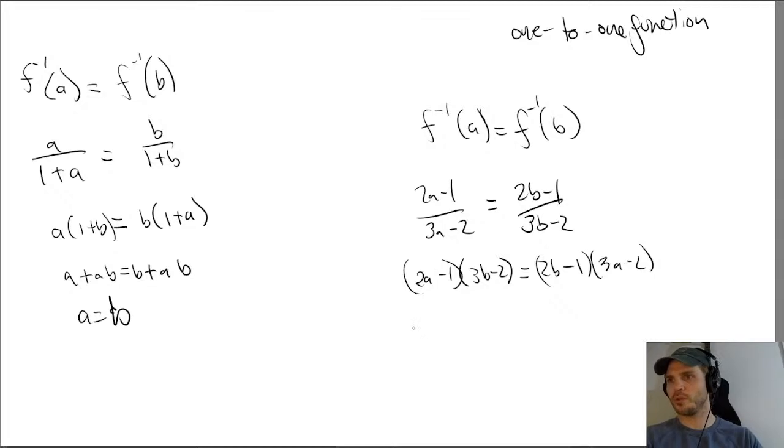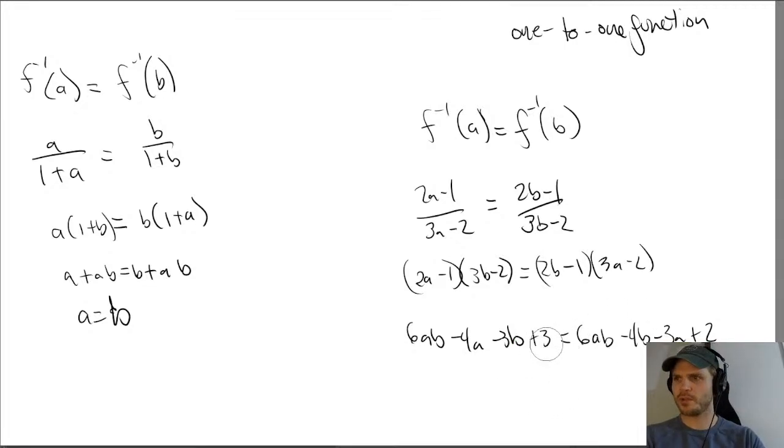We FOIL: 6ab minus 4a minus 3b plus 2 equals 6ab minus 4b minus 3a plus 2. No, plus 2. This is also 2 here.